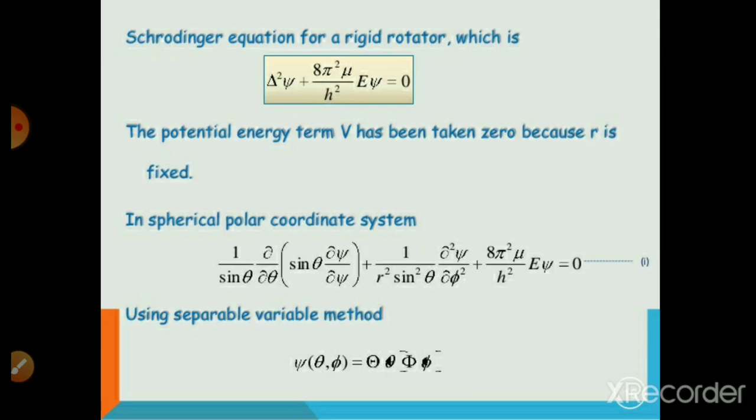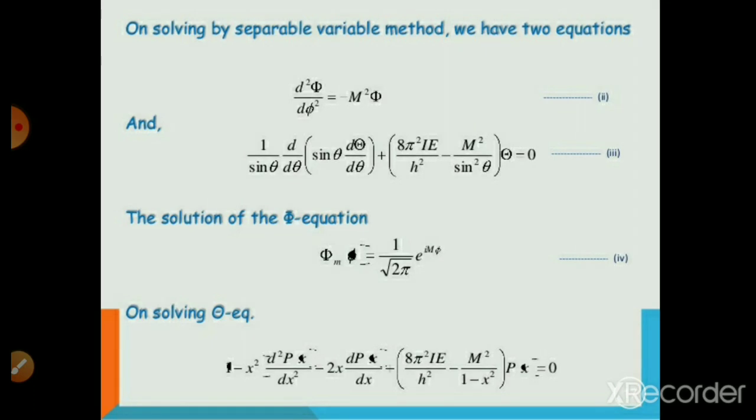By using the spherical variation method, we will simplify this equation and we will get psi of theta and phi is equal to theta times phi. On solving by the spherical variation method, we will get two equations.